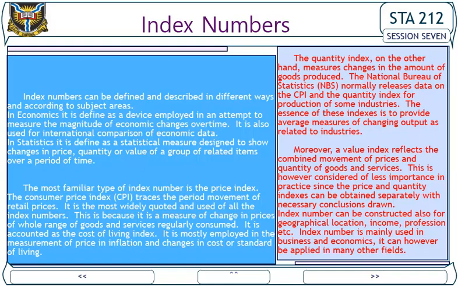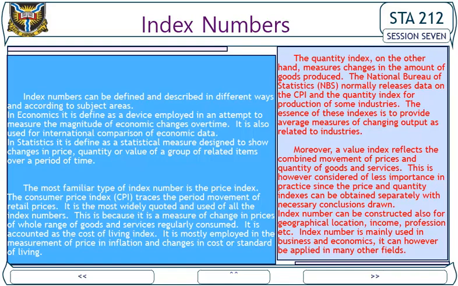Moreover, a value index reflects the combined movement of prices and quantity of goods and services. This is, however, considered of less importance in practice since the price and quantity indexes can be obtained separately with necessary conclusions drawn. Index number can be constructed also for geographical location, income, profession, etc.